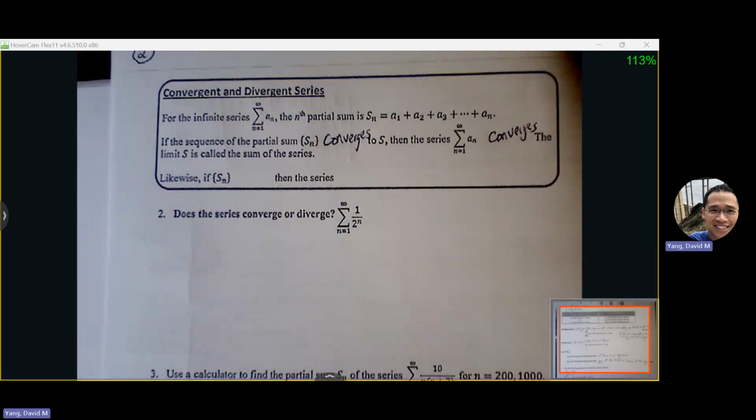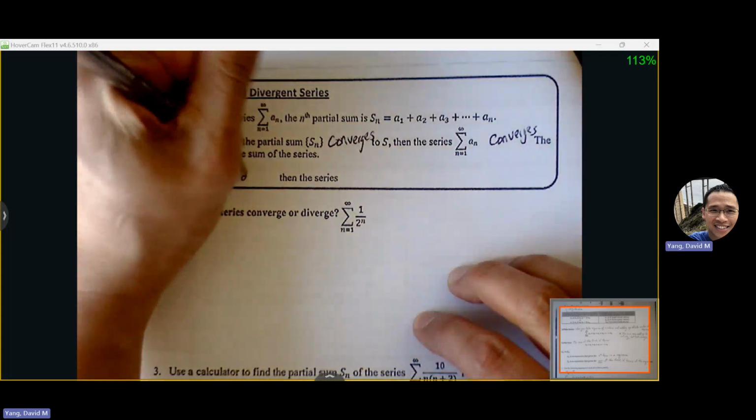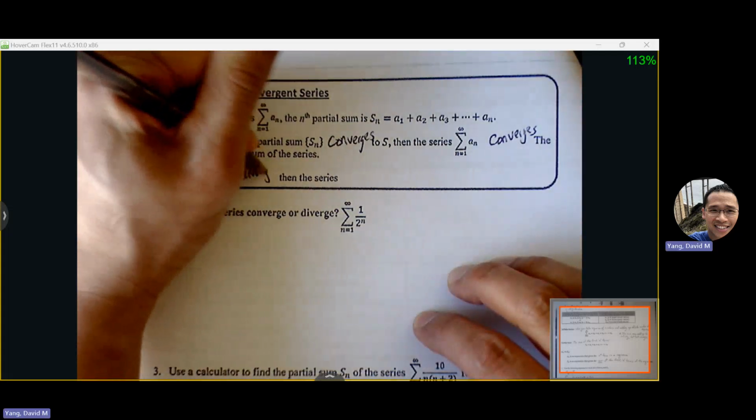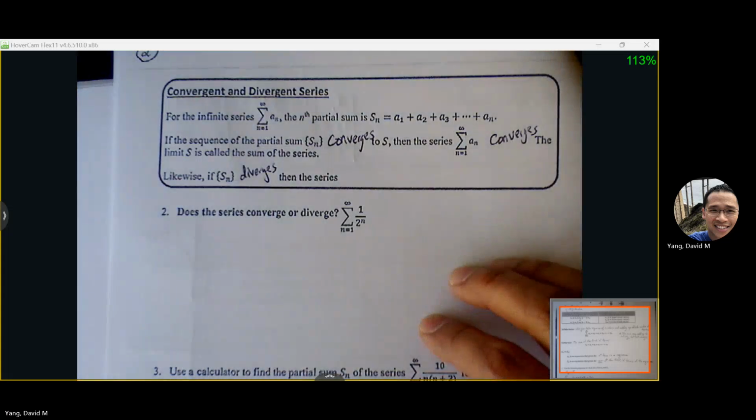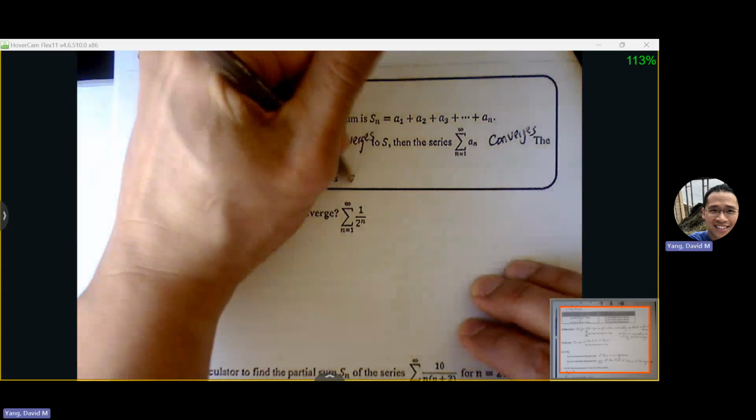The limit S is called the sum of the series. Likewise, if my partial sum diverges, then my series will also diverge.